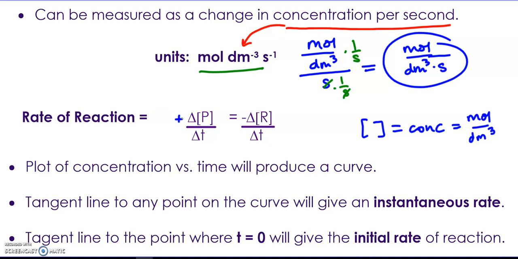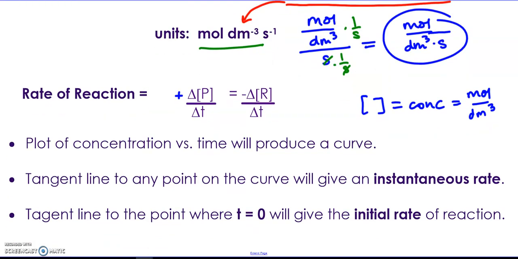When we analyze these graphically, we plot concentration versus time, and this is going to give us a curve. I'll show you more of these in a second. With this curve we can draw a tangent line. You may have talked about tangent lines in math, especially if you're in calculus.